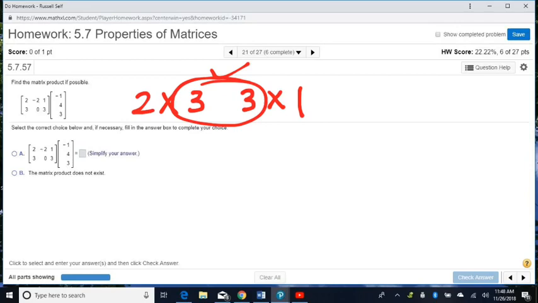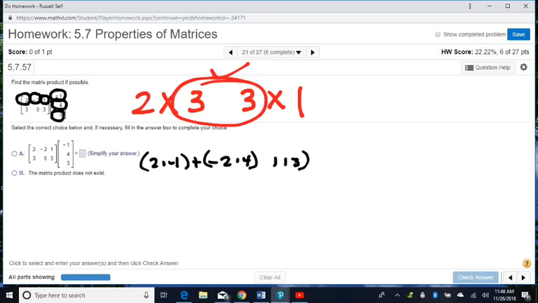And again, what I'm going to do is write it out as multiplication with addition between them so you can see every piece that I'm writing. So first I'll take the 2 times the negative 1 plus, then I'll take the negative 2 times the 4, right? So they're in corresponding positions, so it's the second one and second one. Then the third one times the third one, so 1 times 3. Right? Now, we've done those.